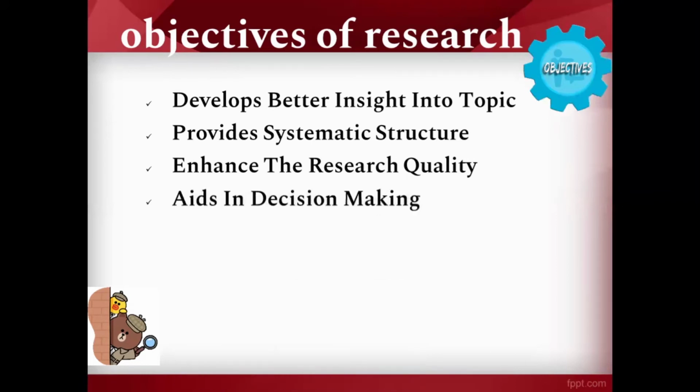And then the next objective for research is aids in decision making. अब aids in decision making का स्टूडेंट यहाँ पे मतलब होता है that you need to understand the decision making power for your research topic. Okay, because until and unless you decide anything for your research, you cannot carry out your research to a further level. So decision making is another important role played by research methodology or the researcher.